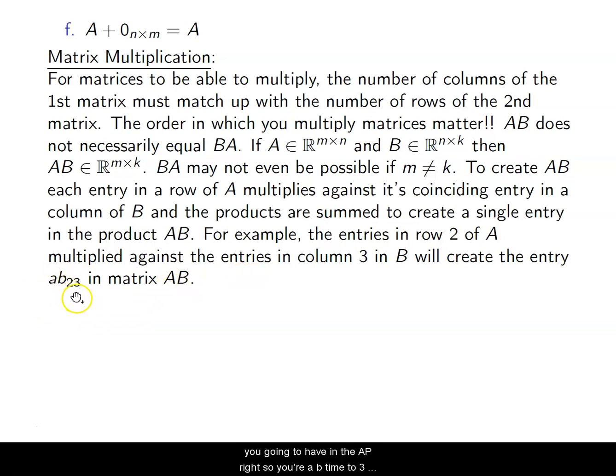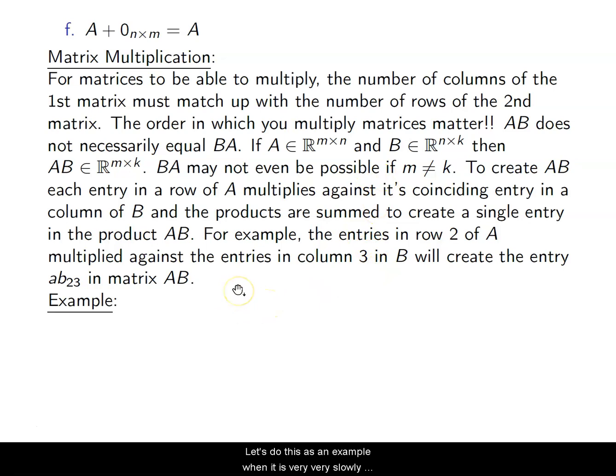So your AB term 2, 3. The entry in the second row, third column, is formed by multiplying the second row and third column of your two product matrices that you're trying to form the product from. Your factor matrices, I guess.